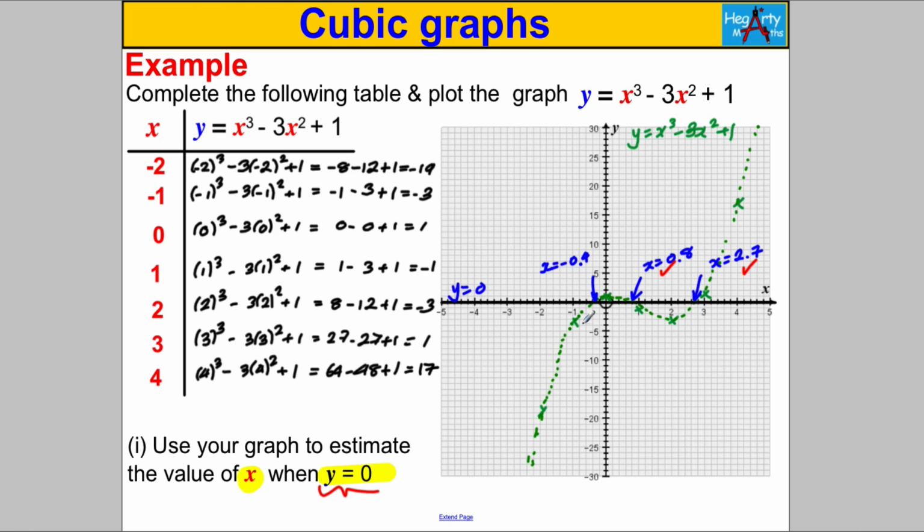And the last one is x is about negative 0.53, and we're not bad there. So we've used our graph to get approximate solutions. Our approximate solutions are x is negative 0.4, x is about 0.8, and x is about 2.7. And we're done. And that's it for this particular video. Thanks for watching.